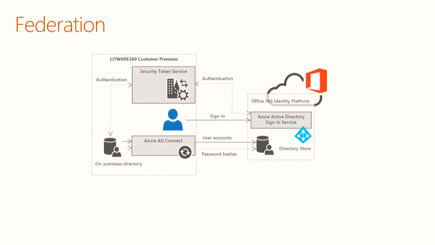And lastly here we have federation. So this is the traditional ADFS model where you're synchronizing user accounts. You can synchronize password hashes under the covers as well when you're federated, but at the top there you would have your ADFS infrastructure. And that would be, ideally, a four-server footprint: two public-facing web application proxies load balanced, and two ADFS servers in the farm internally.